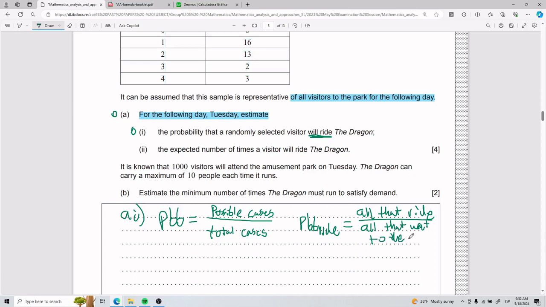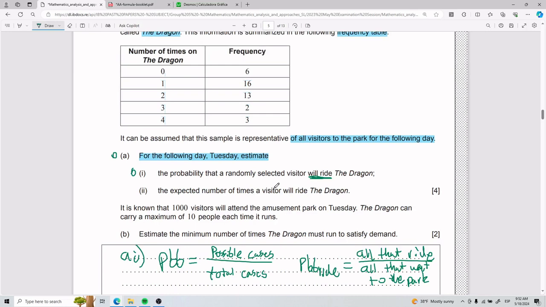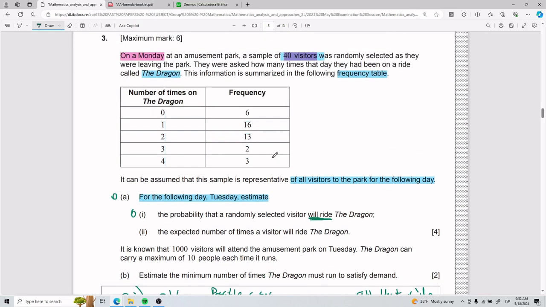So intuitively, I can state it like this. Basically, you just need to sum all the possible cases divided by the total cases. All the possible cases of those that rode are going to be these, and these, and your total is going to be these. Notice for the total, it's that in red, and for the possible cases, it's the ones in orange, red, and green.